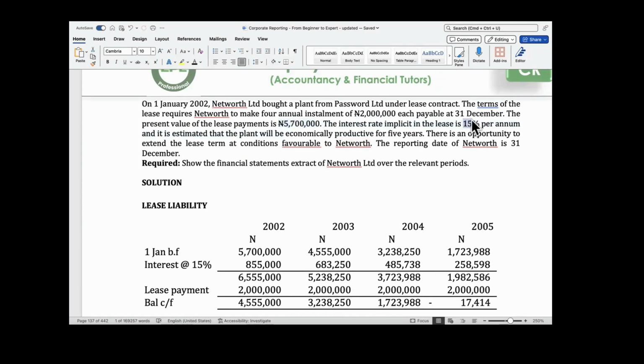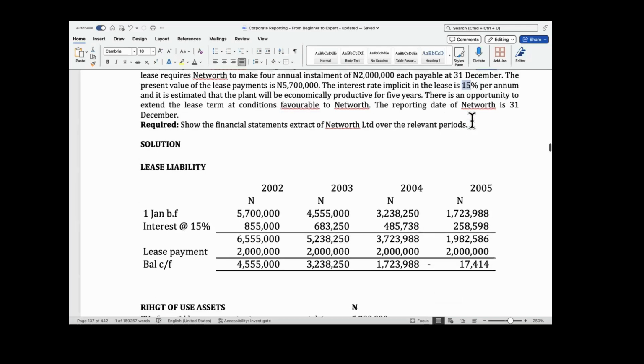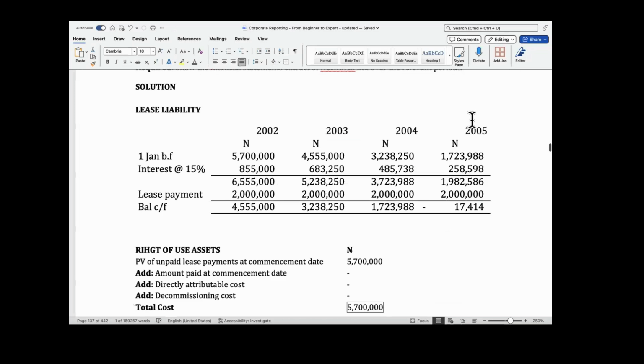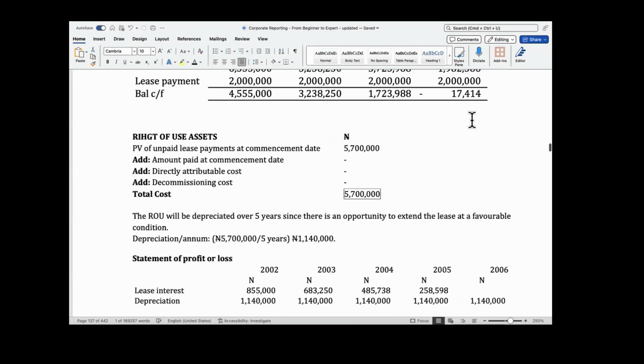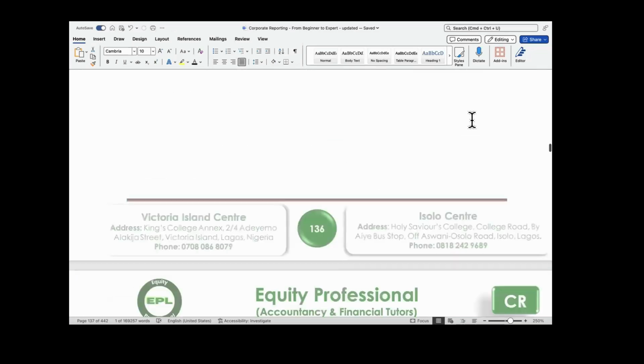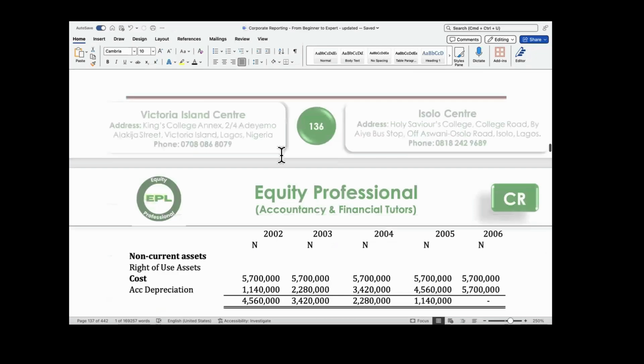The annuity factor is (1 minus (1 plus r) raised to the power minus n) over r. But in most questions on lease, they will just give you the PV already.